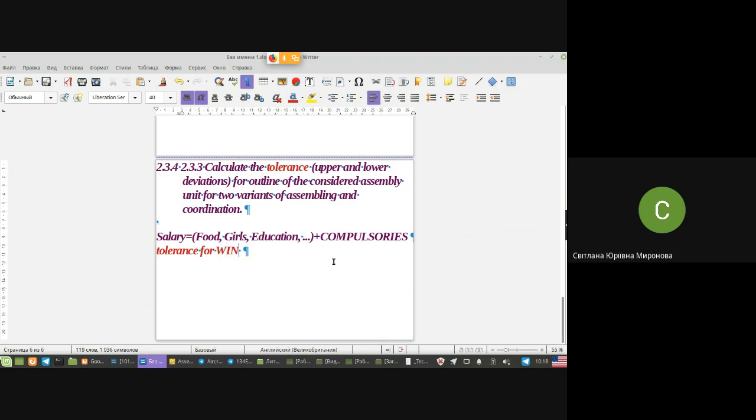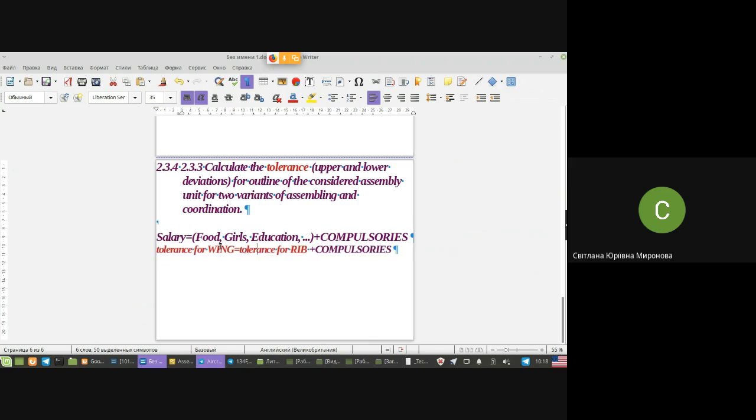Let it be tolerance for wing, equal to tolerance for rib plus these compulsories. And the question is, what are these compulsories only?